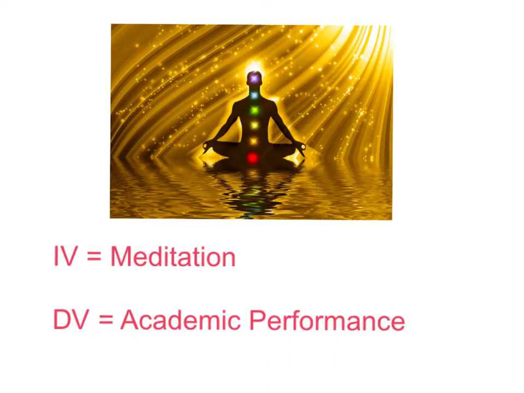Half of your participants may be in the group that receive training in meditation and practice meditation before doing a test, and your other group would not receive training in meditation and would not meditate before a test. Your dependent variable then of academic performance would be, for example, how well they do in a psychology test out of 100. So to operationalise academic performance, you could have percentage scored in a psychology test.